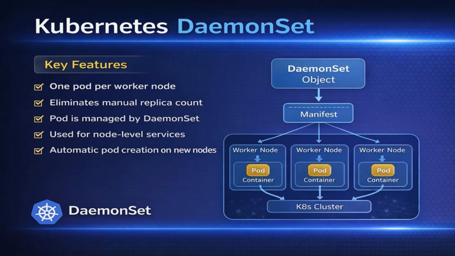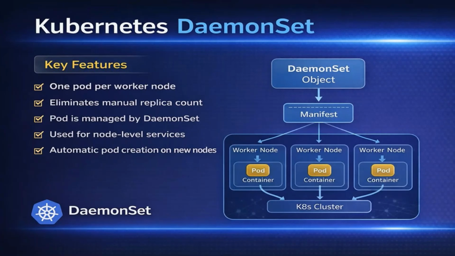The third one is, if a server is removed, the pod is removed automatically. So you don't have to do anything manually. That is why the DaemonSet reduces the operational complexity and technical hurdles. So these are all the things the DaemonSet automatically handles.